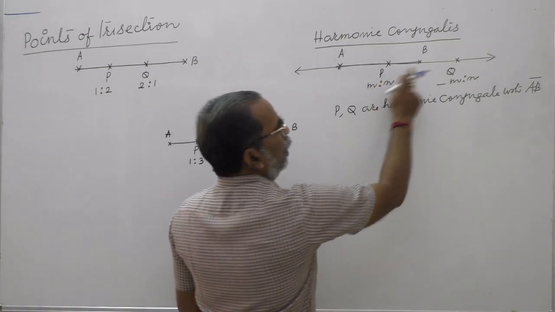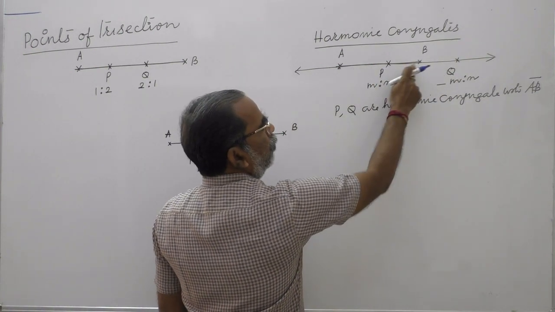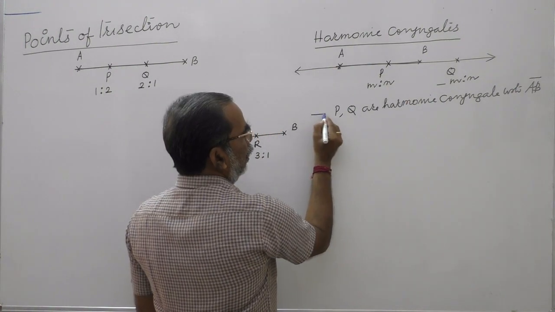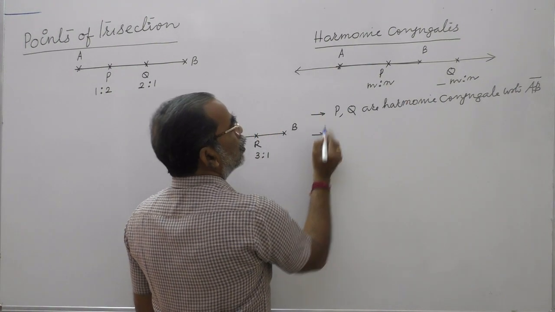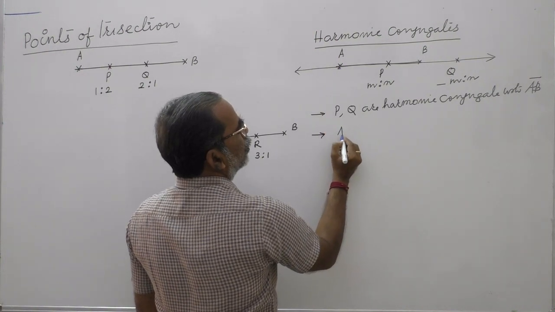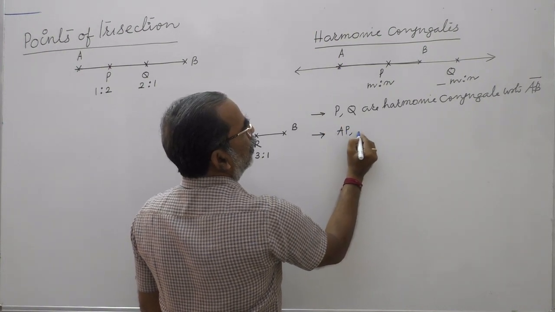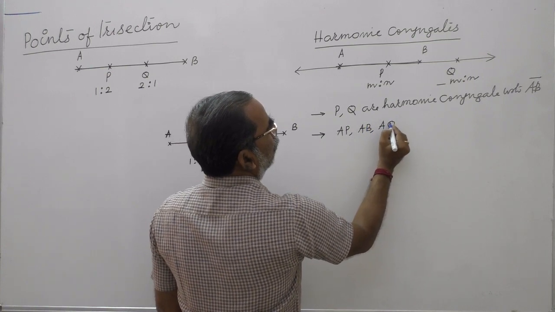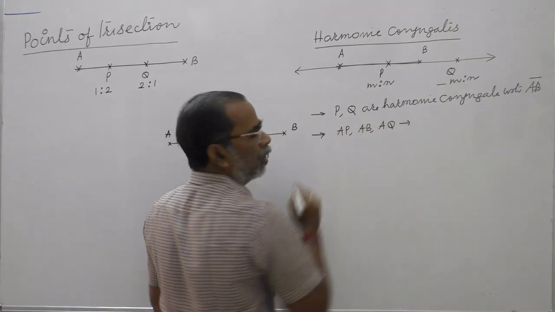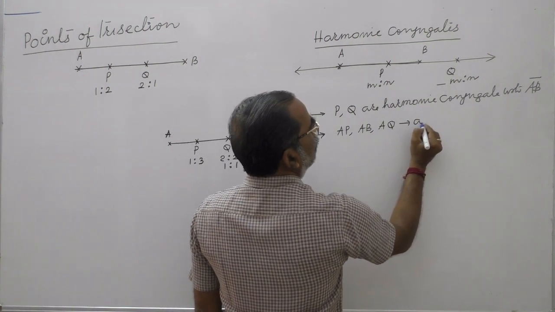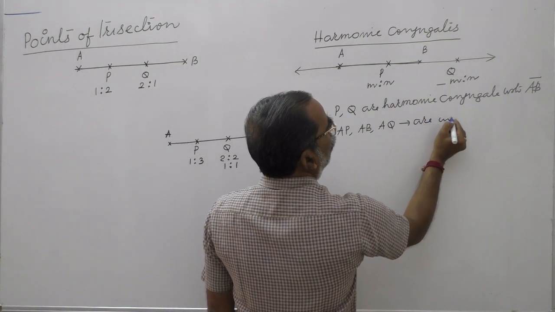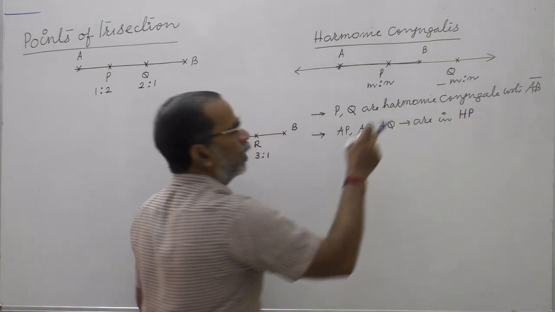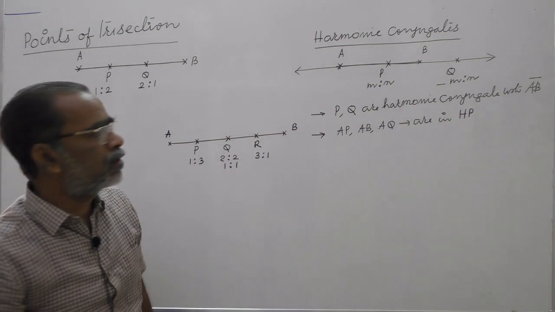Because if P and Q are dividing AB in the same ratio internally and externally, then these lengths, AP, AB, AQ, will be forming a harmonic progression. These 3 lengths are in harmonic progression. That's why they have given this name harmonic conjugates.